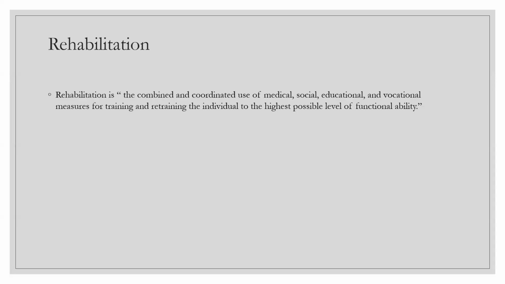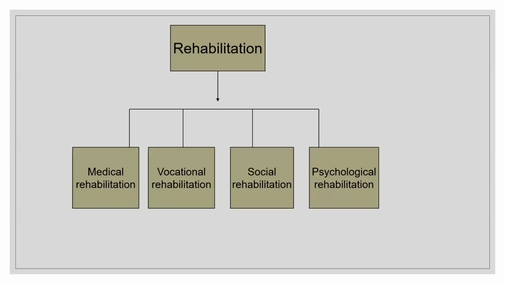You can try to support the person to the highest possible level of functional ability. So rehabilitation can be medical, vocational, getting the person some other job to do, social, and psychological.